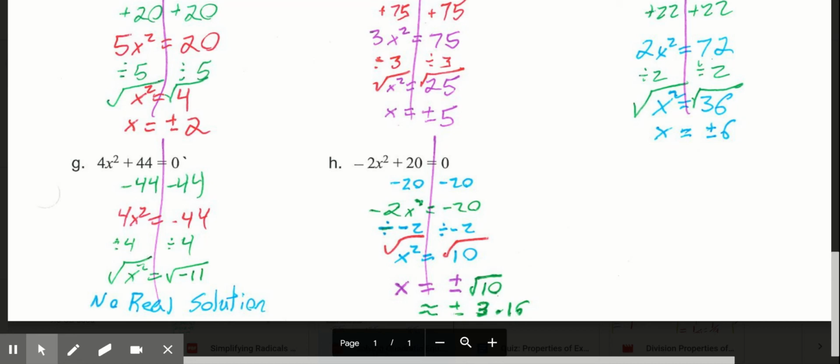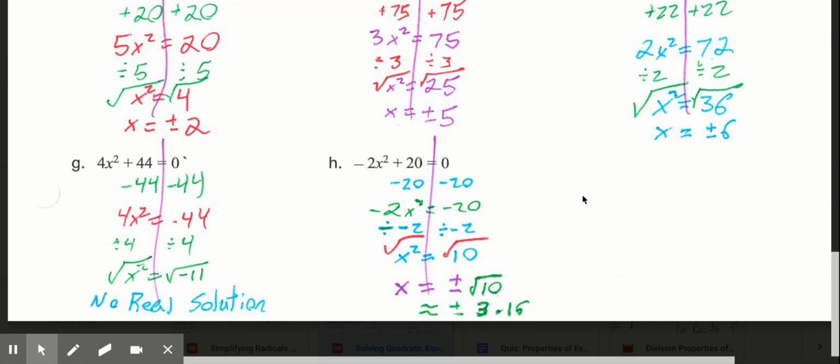And in H, we have negative 2x squared plus 20 equals 0. So I have to undo my addition, subtract 20 from each side. Negative 2x squared equals negative 20. So we'll divide each side by the negative 2. And x squared equals 10.